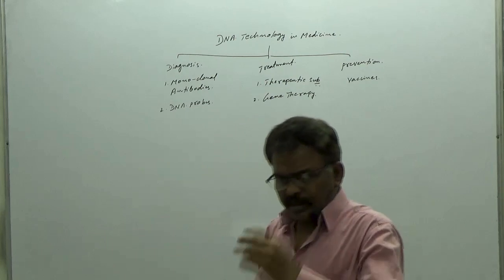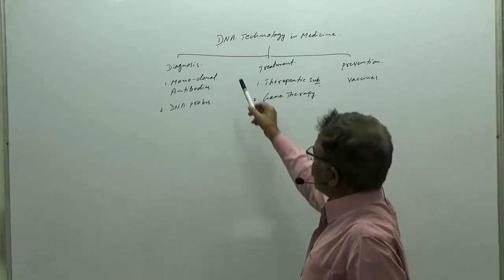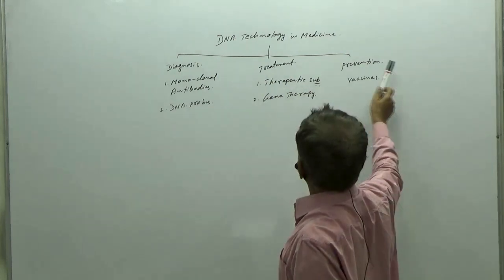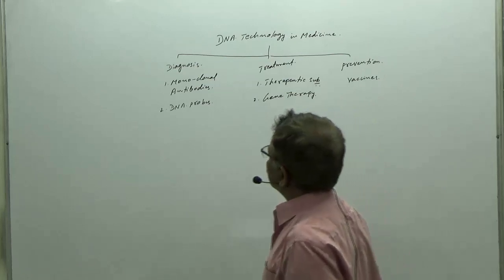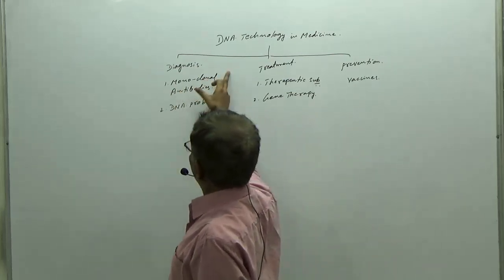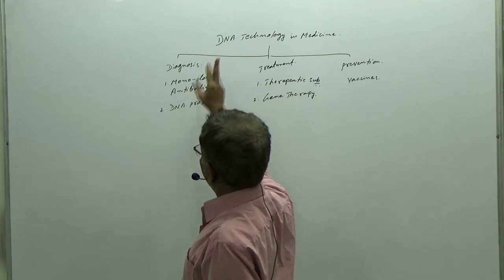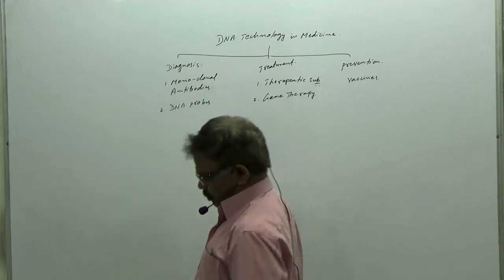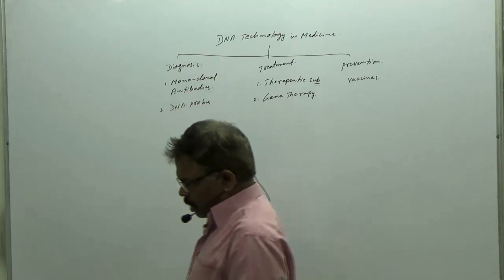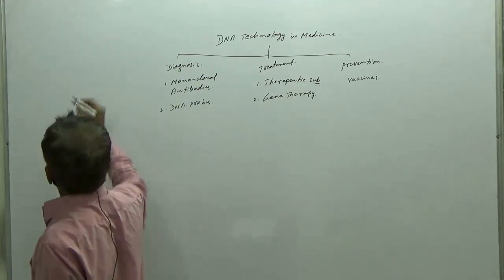So DNA technology in medicine: diagnosis point of view, treatment point of view, prevention point of view. What are monoclonal antibodies? First, they extract the antibody producing gene.